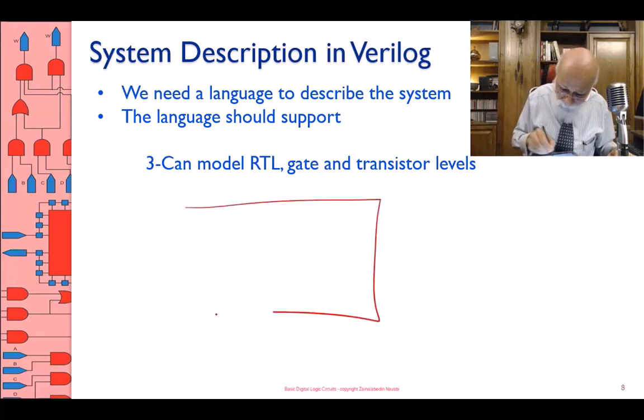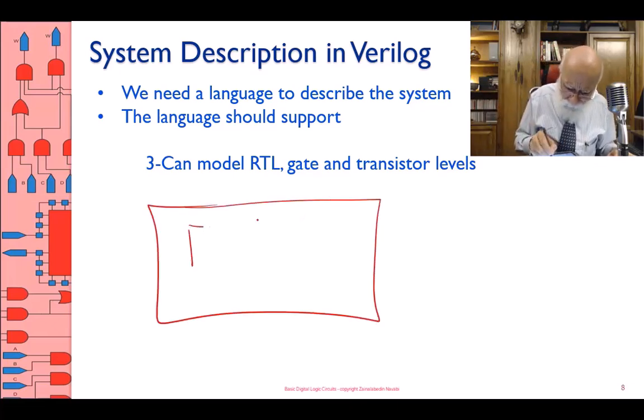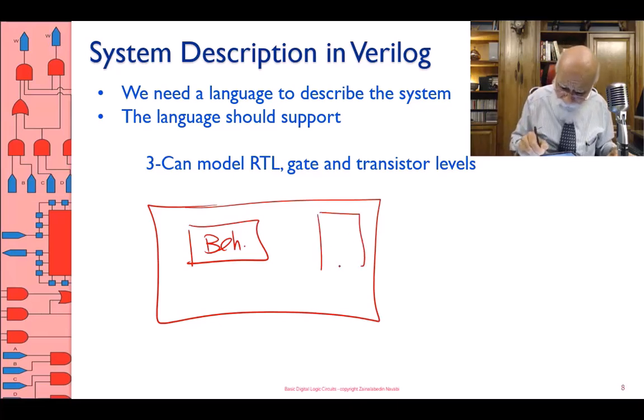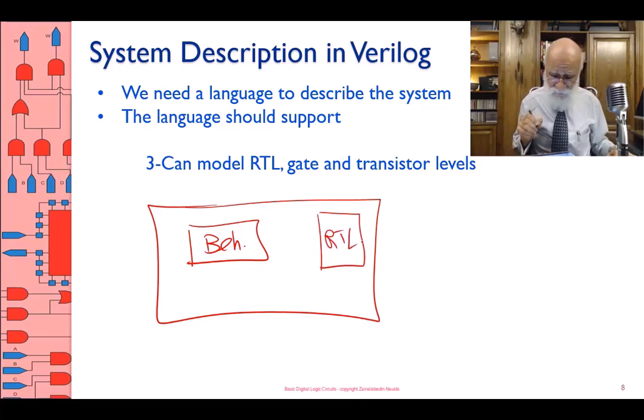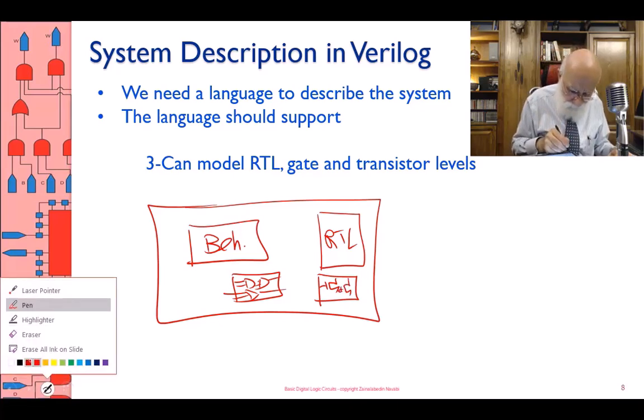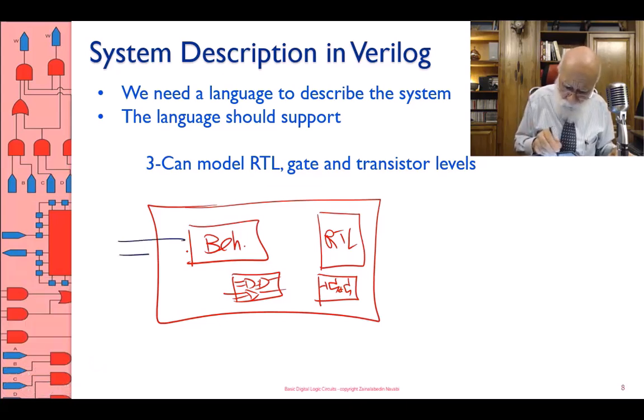So you have this Verilog description. A part of it is behavioral. Perhaps your processor is described behaviorally. Your filter is described at the register transfer level. Maybe you have a little gate circuit here that has gates in it, ands and ors and things. Maybe you have another part of your circuit which is described at the transistor level. But then Verilog allows you to wire these together.